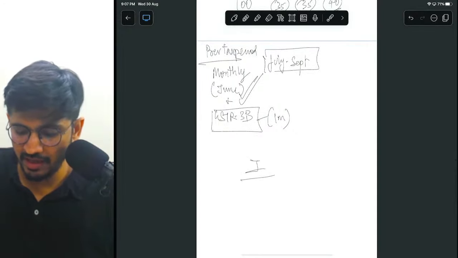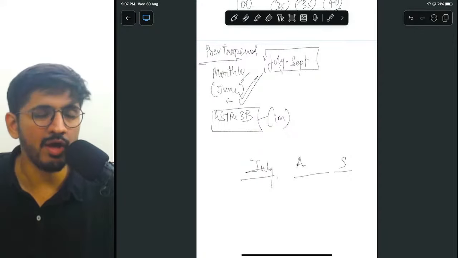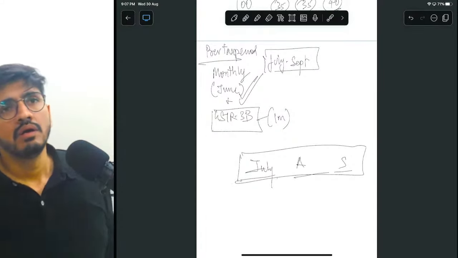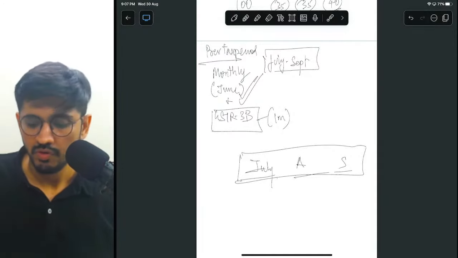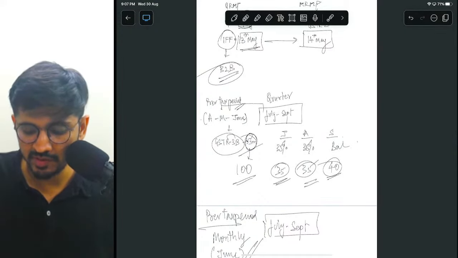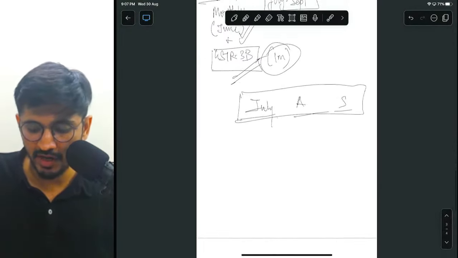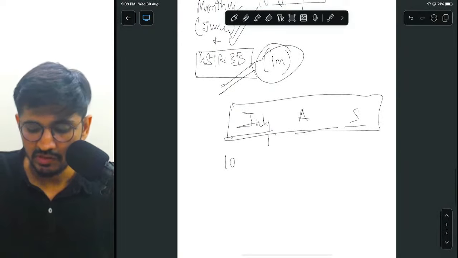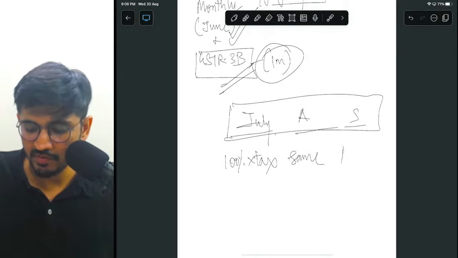Now understand, very important, friends, that in July, August, September you cannot take the ratio of 35-35 and balance. Because here you have data of only 1 month, and here you have data of 3 months. So what you are trying to multiply is 3x the amount here, and one third the amount there. Which is why the government said that in that case July will be 100% of the tax amount, August will be the same, and then the balance.